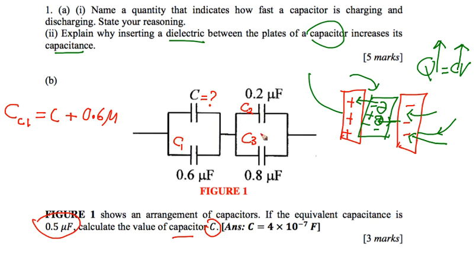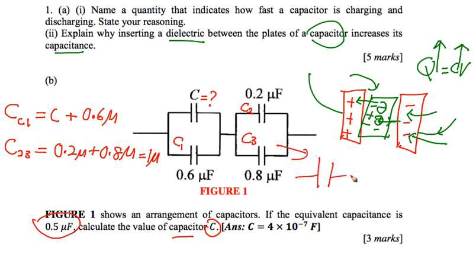And second, you have C2 and C3, also in parallel, so you just put in the values 0.2 microfarad plus 0.8 microfarad, which is equal to 1 microfarad. Okay, so if you combine them, you have 2 capacitors: the combination of C and C1, and the combination of C2 and C3.